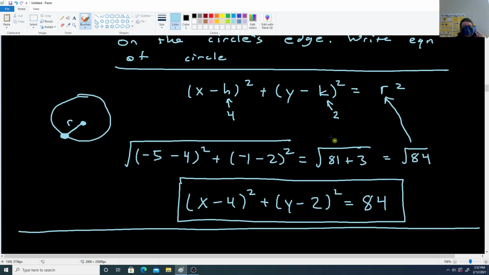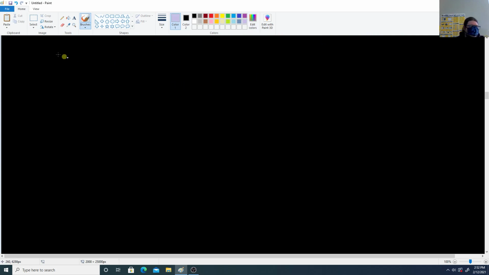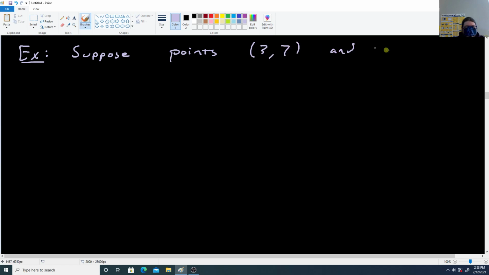The other common type, we'll do right now. This will be kind of the last problem we do from section 2.2. This type would be an example where you say, suppose, let's say here, points (3, 7) and (-1, -6) are endpoints of a diameter of a circle.